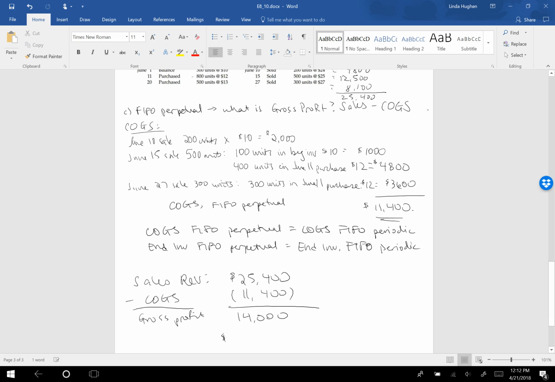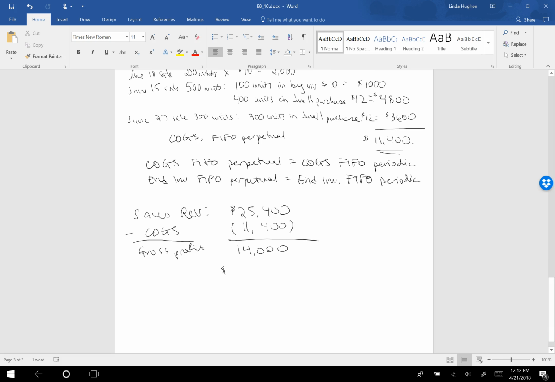Part D of the problem says, why is it stated that LIFO usually produces lower gross profit than FIFO? So part D. LIFO assumes costs, well, before I get to that, let's say costs typically do what over time? Go up, go down, or remain the same?